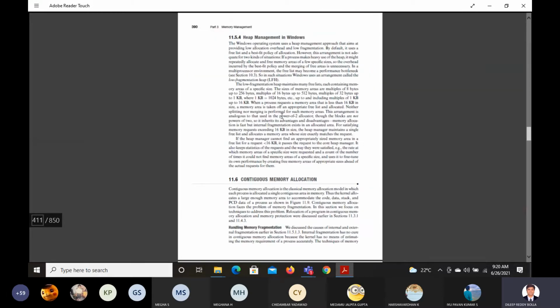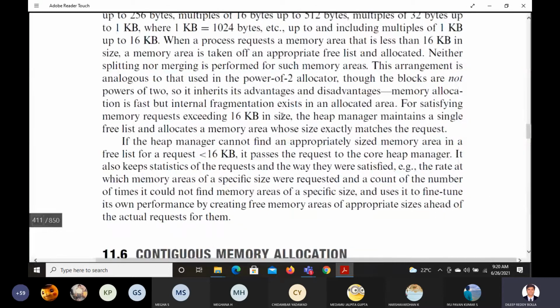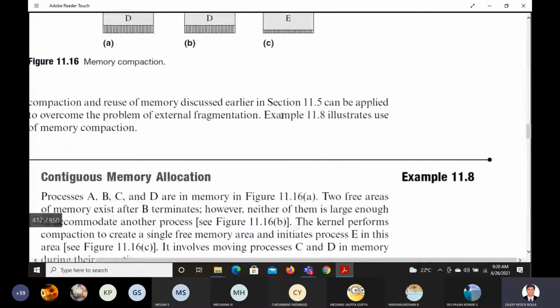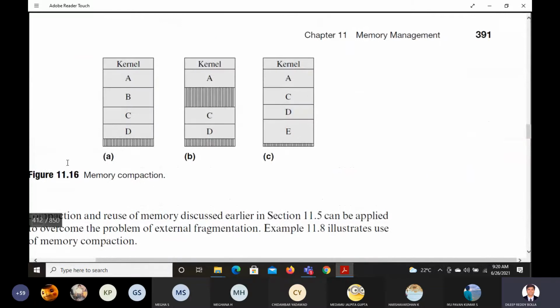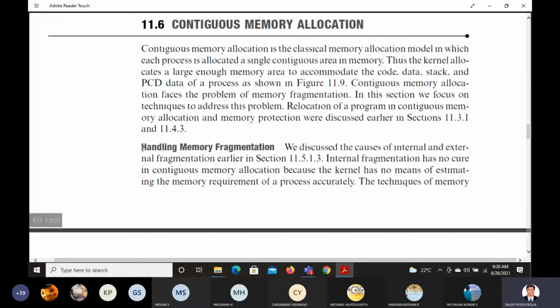Okay, so let us go to 390 page and look at that. So contiguous memory allocation, you should know how the memory compaction is done. And what else we need to know? They are given subheadings here itself right away. You should know those concepts. See here, handling memory fragmentation, you should know. What is meant by fragmentation?